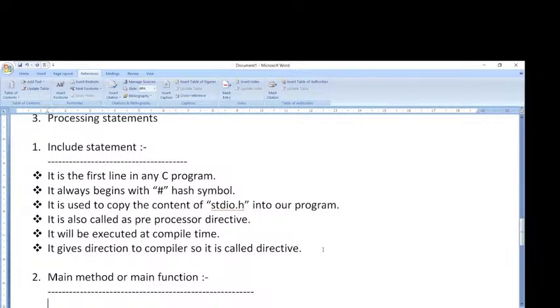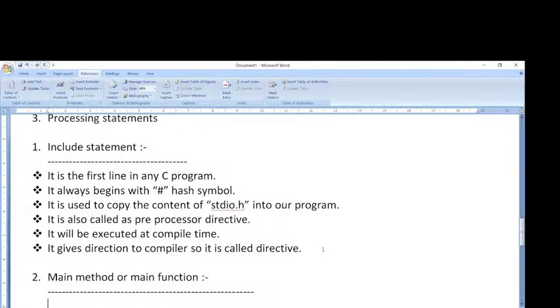In your program, suppose you write 1 lakh lines of code. From those 1 lakh lines of code, your program's execution always starts from void main. The compiler always checks where void main is, and from that, the execution begins.